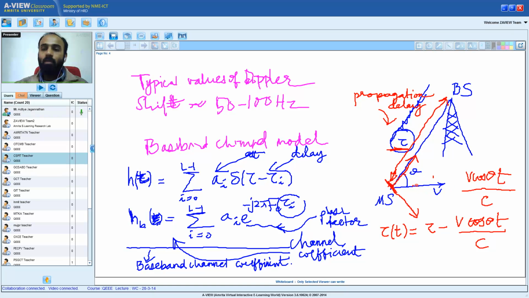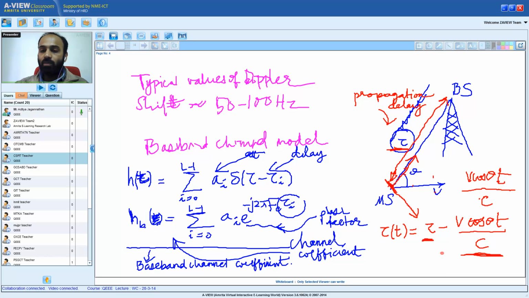If v is the velocity and theta is the angle, v cosine theta is the velocity in this direction. Therefore, v cosine theta t is the decrease in distance, and v cosine theta t divided by c is the decrease in the propagation time. Therefore, the net propagation time is the initial propagation time tau minus v cosine theta t by c.